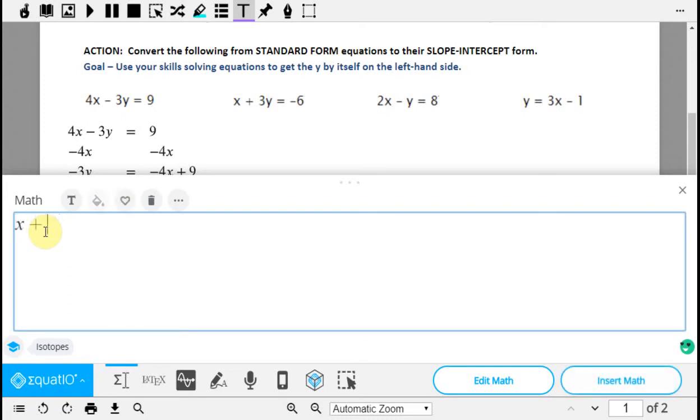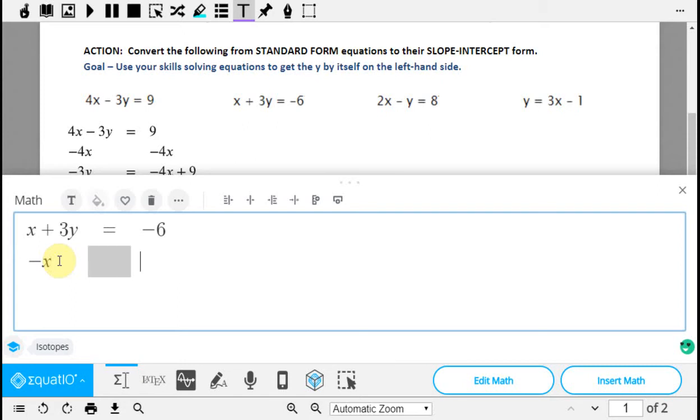x plus 3y is equal to minus 6. We want to get the y by itself, so we need to get rid of that other term, which is the x term.